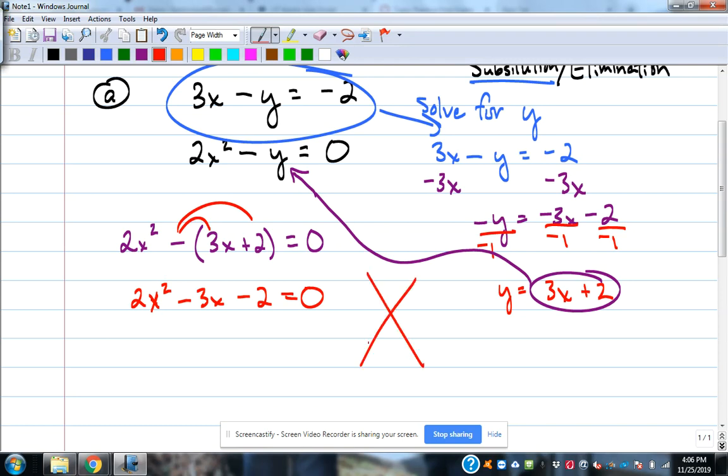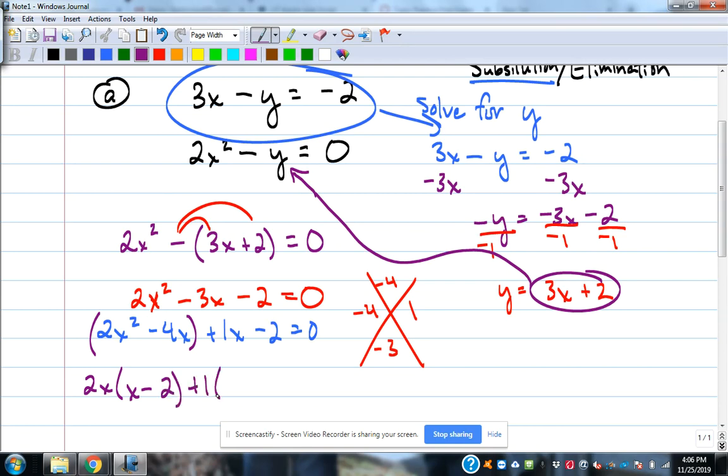If I do factoring, I need numbers that multiply to be negative 4 and add to be negative 3, that'd be negative 4 and 1. So I could do 2x squared minus 4x plus 1x minus 2. And then group: 2x times (x minus 2) plus 1 times (x minus 2).